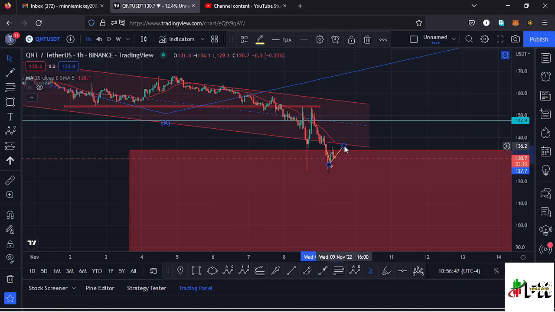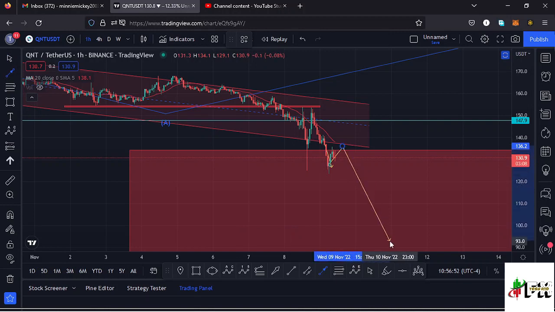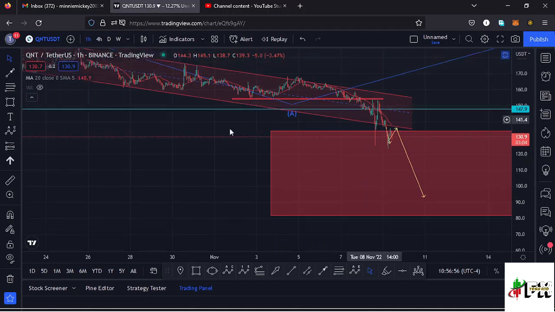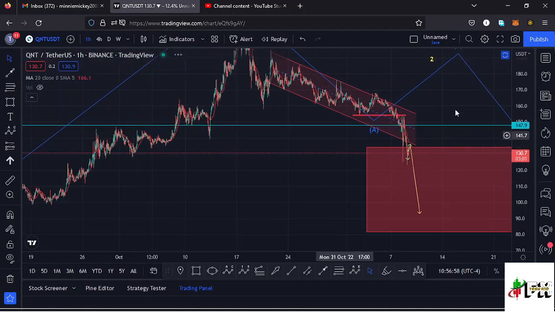And in case the retest is in, there's a possibility that Quant might continue heading lower to fully maximize this target area that I have drawn out here on this chart. So let's be patient and see how that plays out here on the quantum chart.